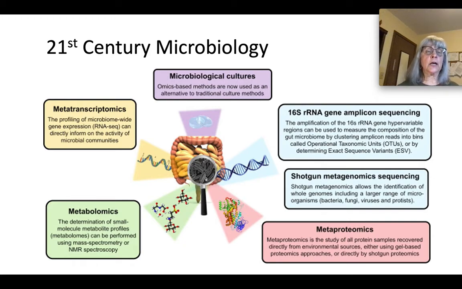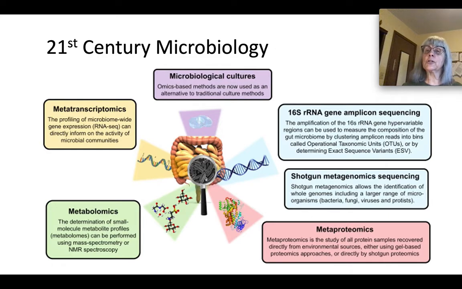And finally, well, not finally, but we've got in the green box metabiomics. So what this does is it kind of does a backway analysis in that it is analyzing the metabolites, the stuff, the products of these microorganisms.